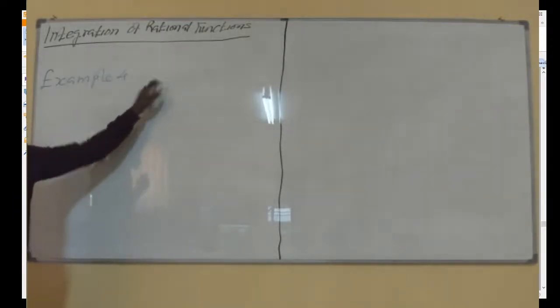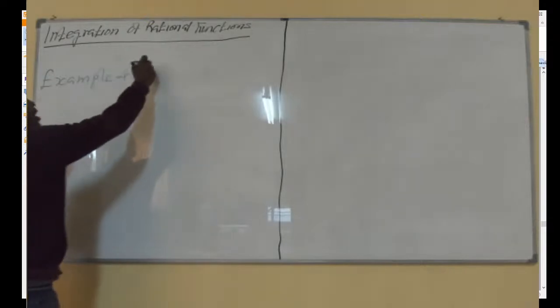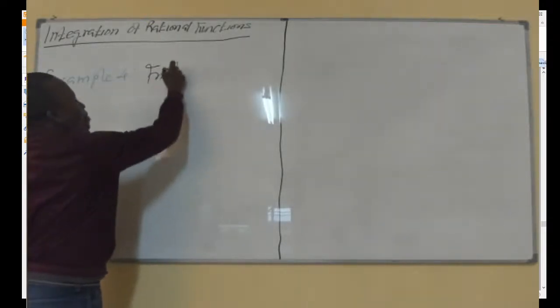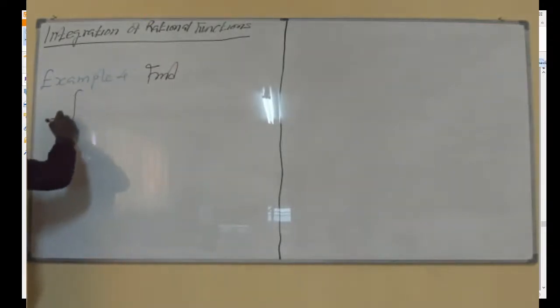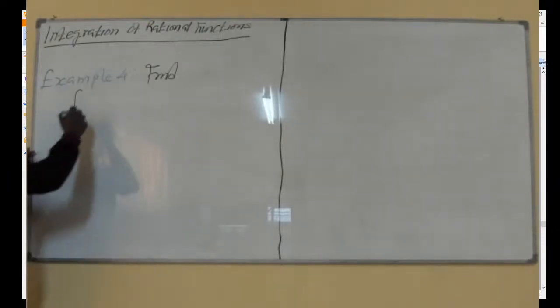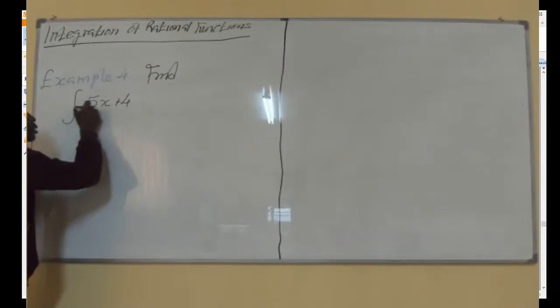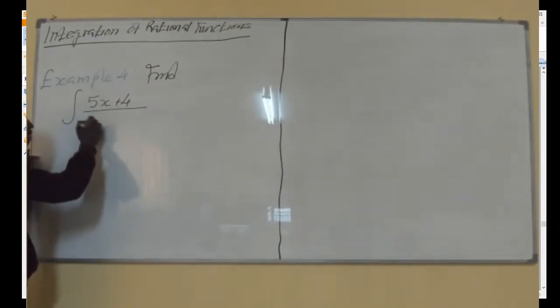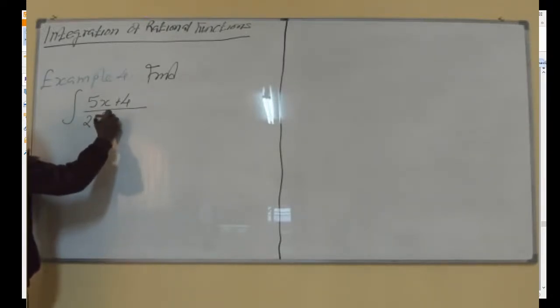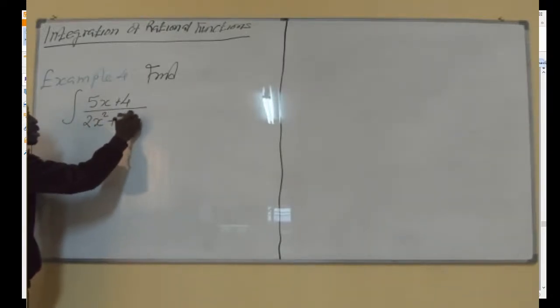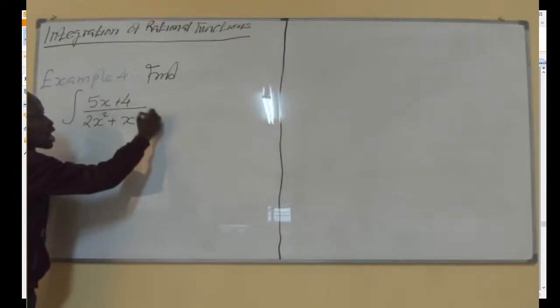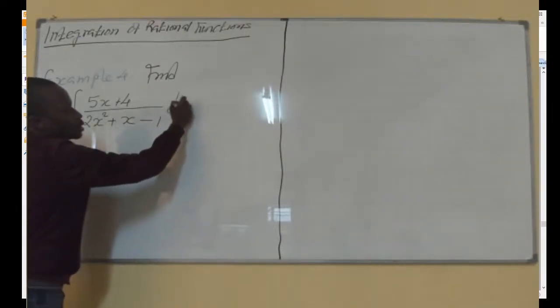The question is saying, find the integral of 5x plus 4 divided by 2x squared plus x minus 1 dx.